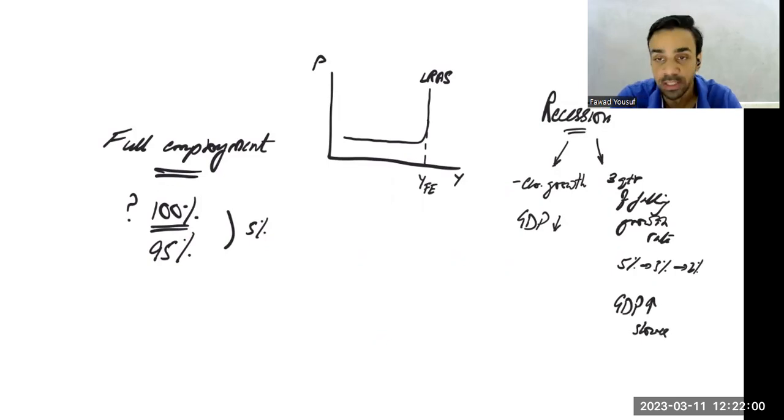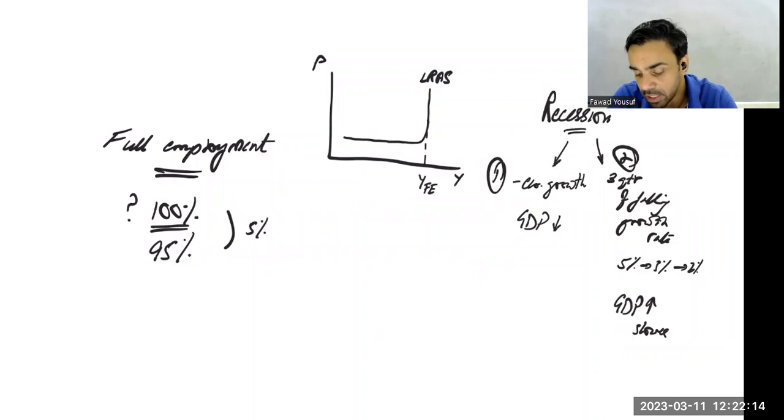So you see, there's a big difference between what we've just talked about in one and what I'm saying in two. Both can be constituted as a recession. In some places, you might even see not 3 quarters, but 2 consecutive quarters of falling economic growth, not going into negative, but just falling, constitutes a recession.